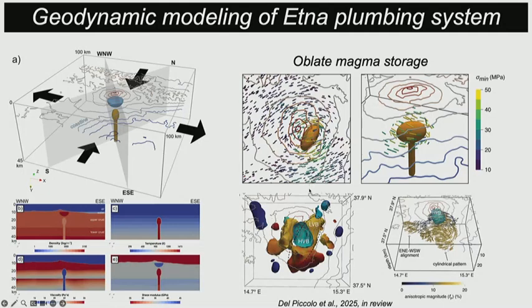So in the end, the conclusion here is that it looks like the crust below Etna between 6 and 16 kilometer depth is characterized by the presence of this oblate magma storage, which is pressurized and that induces this circular pattern of the tensile axis, and in turn induces the formation of this radial pattern of the dikes, which should depart from this central magma storage.